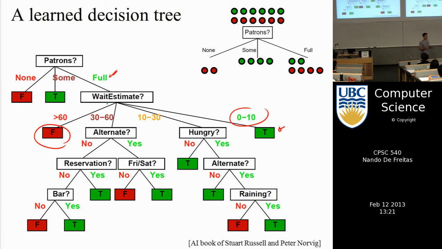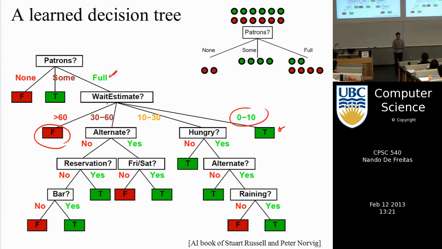So instead, what we do is we first decide what the first node should be. So in our case, we need to decide which of these columns, that is, which of these attributes, is the first one that we will use. When Stuart ran this algorithm, the machine decided that patterns was the first node that should be used. And then it decided that the second one was the wait estimate, and so on.